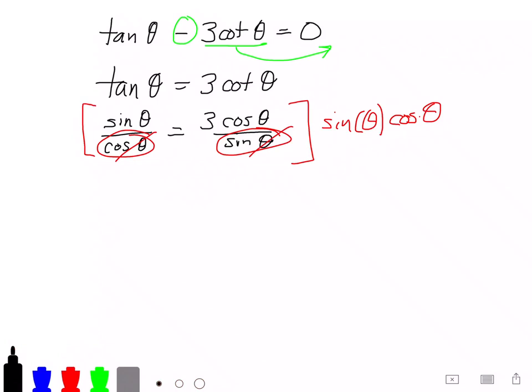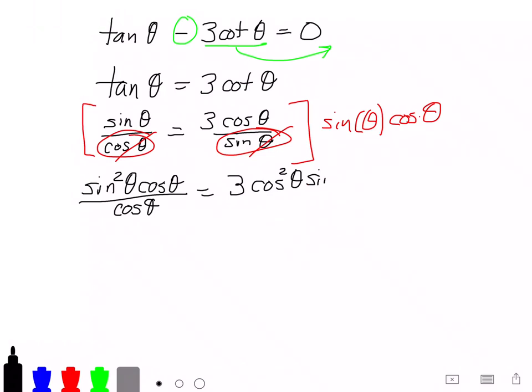So this becomes the sine squared of theta times the cosine of theta over the cosine of theta is equal to 3 times the cosine squared of theta times the sine of theta over the sine of theta.